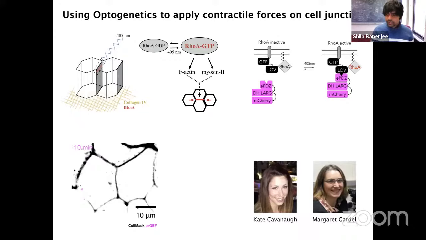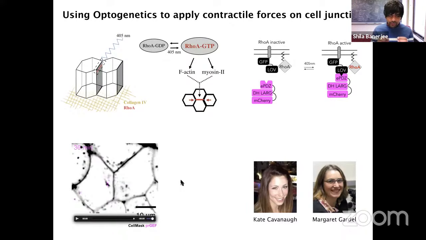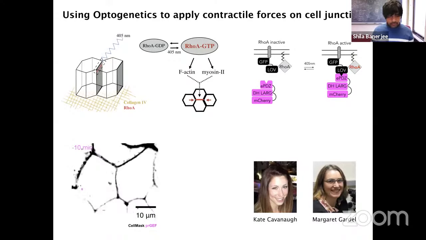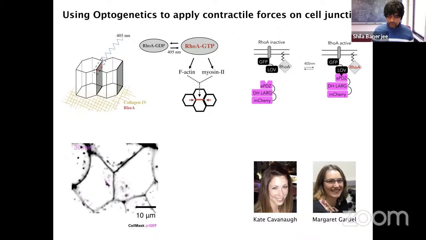So what Kate did is she used an optogenetic system on a model epithelia where blue light activation causes recruitment of GEF on the membrane, which can then activate Rho locally. Here you see on the bottom left a movie of junctional contraction. By shining light, you see that the junction contracts.